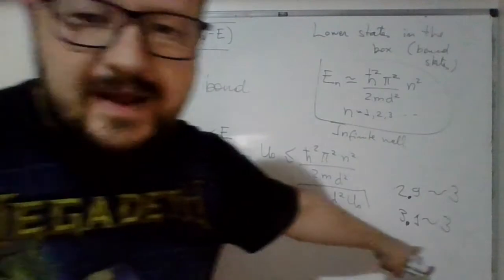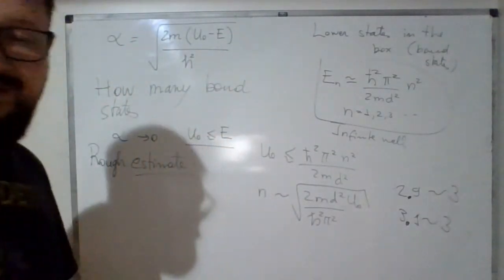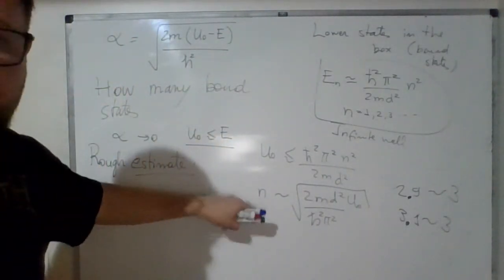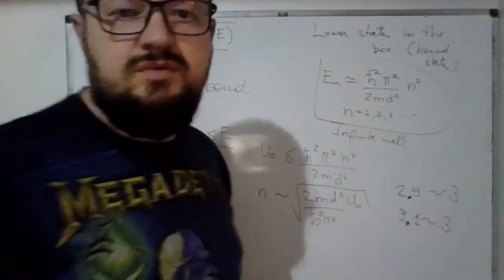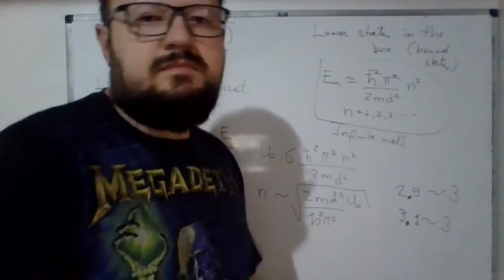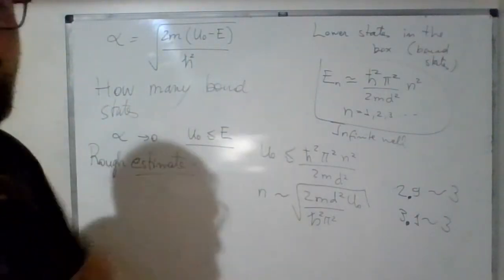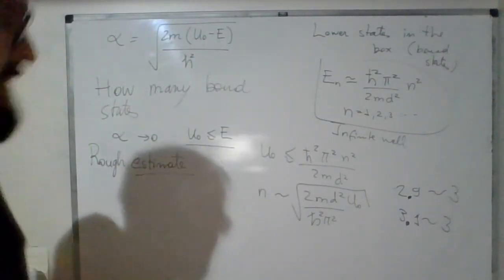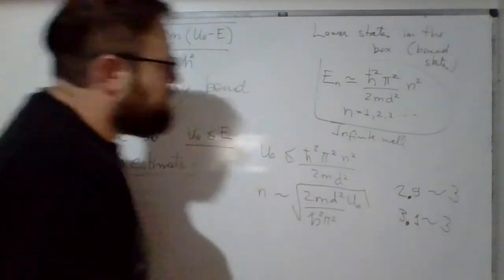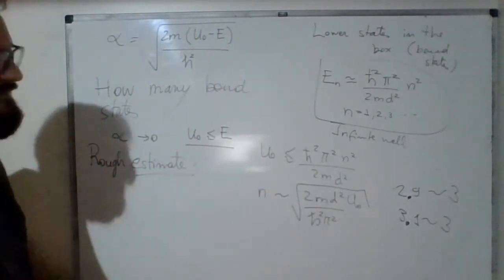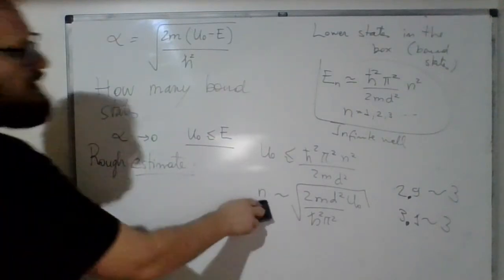Most likely you find three states. So this number will not be an integer, but you just round to the next integer, or the integer in the neighborhood of that value.